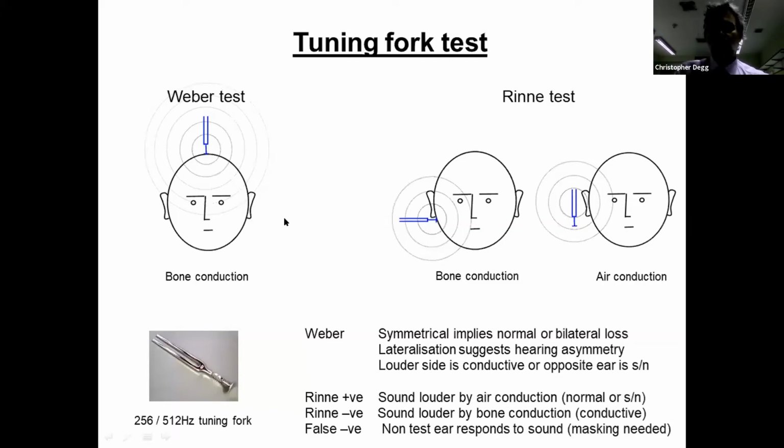So the first test will tell us there's an asymmetry. This test on each side will tell us whether one ear is conductive or the other ear is sensory. So it's a really, really quick and simple test. It's really inexpensive. But the limitation is you're only using one frequency of the tuning fork, and it doesn't tell you about a loss in both ears, unless it's really bad.